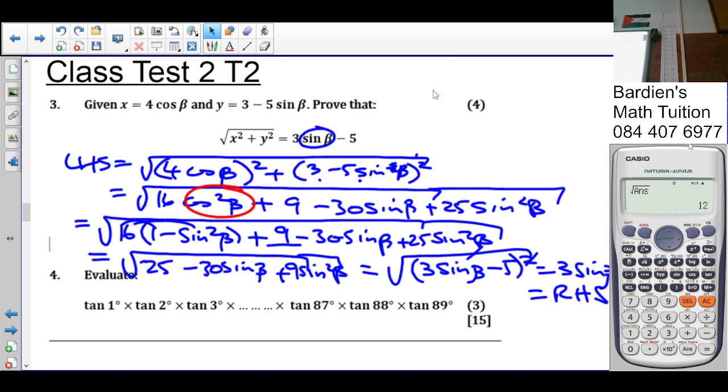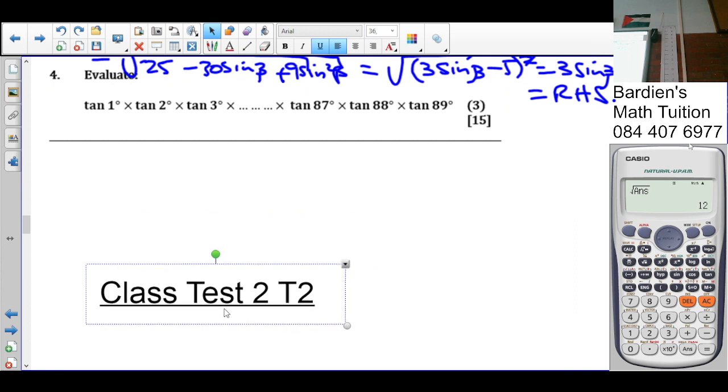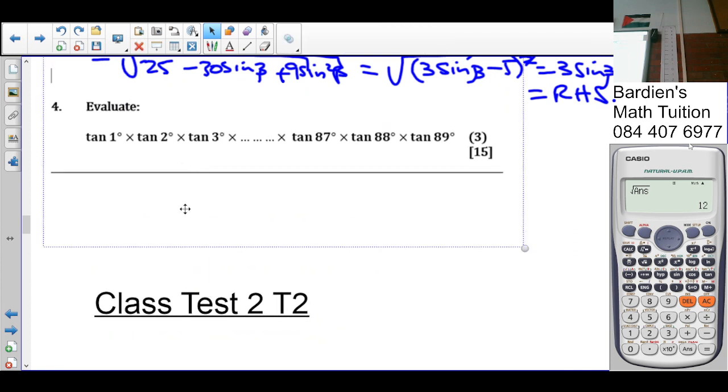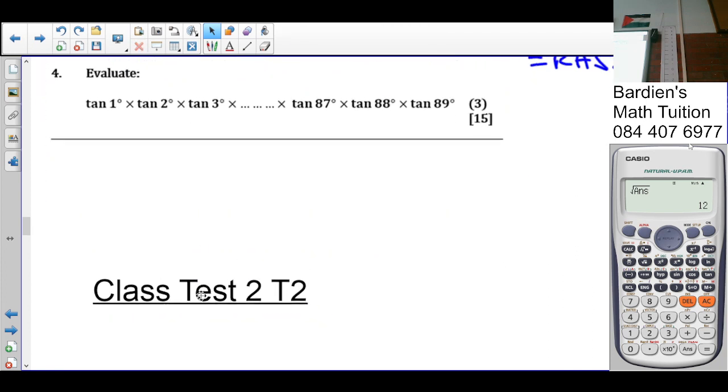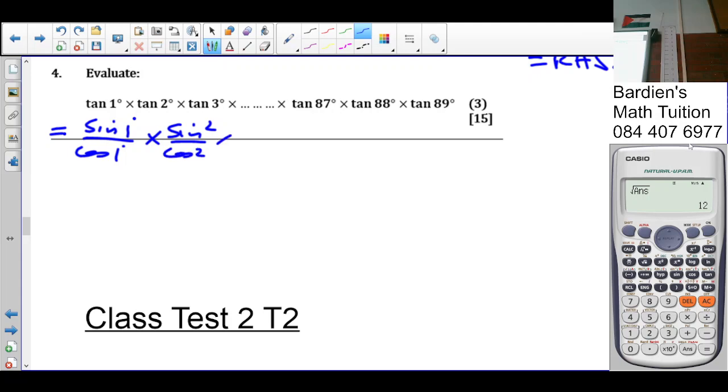The last question in question is number 4. In number 4, they ask you again to evaluate. So 10 can be written as what? Sine 1 over cos 1 times sine 2 over cos 2, sine 3 over cos 3.